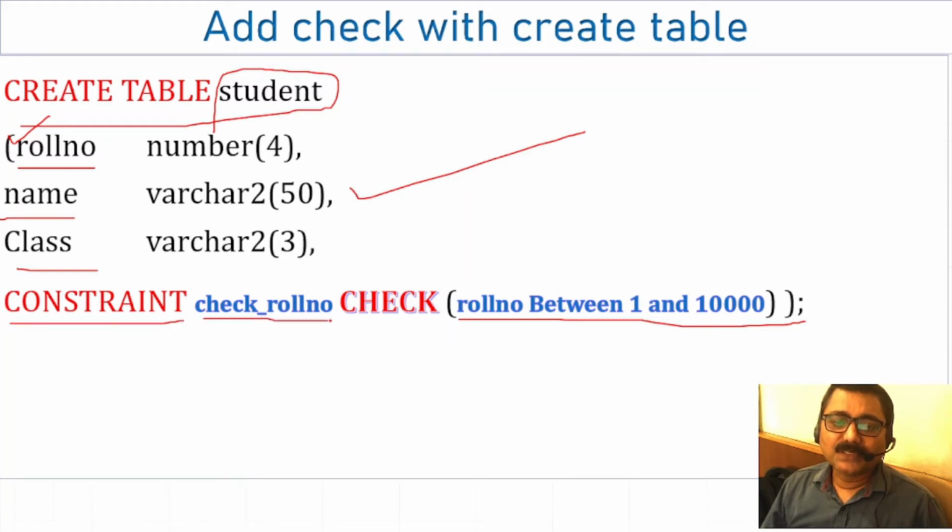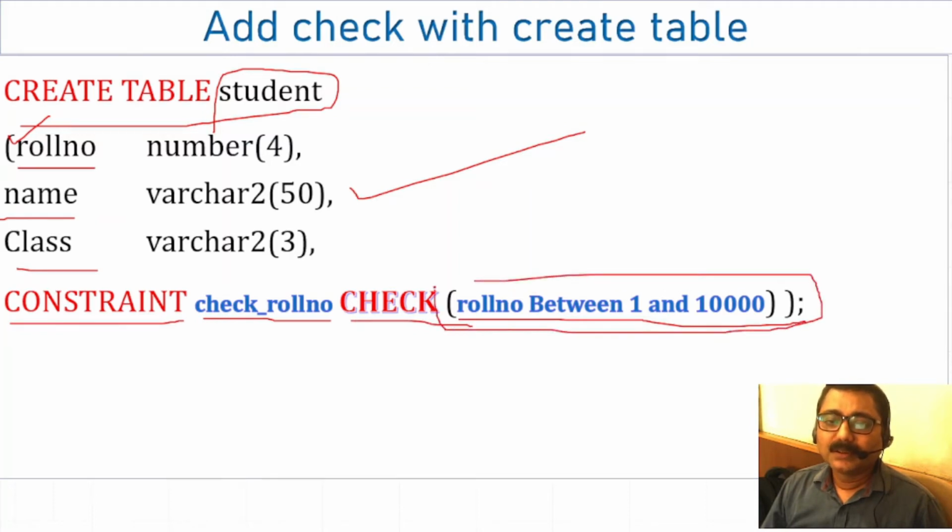This is the name of the constraint. This is the type of constraint, and this is the rule which you want to apply on a column called roll number. So now after this, it says roll number between 1 and 10,000. You can enter any roll number between 1 and 10,000. That's how check constraints can be defined at the time of creation of a table, right?